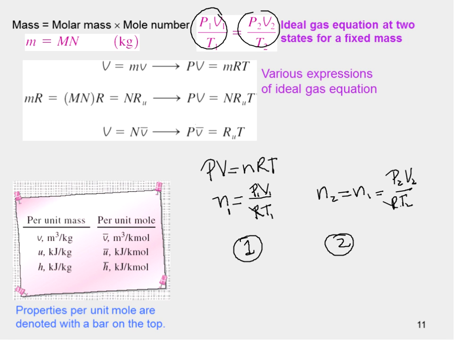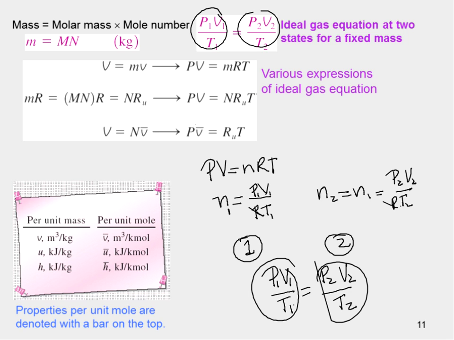The R is the same, so whenever you're trying to solve problems that have to do with what's going to be the new volume or what's going to be the new pressure, then the relationship would be P1 V1 over T1 equals P2 V2 over T2, because these conditions have to be equal.